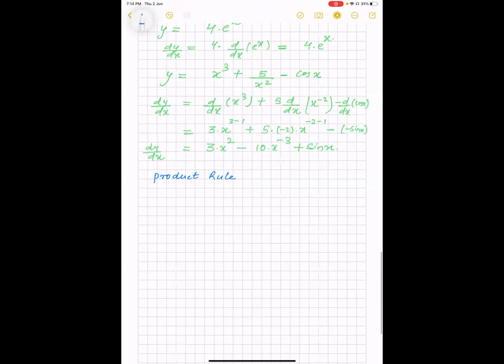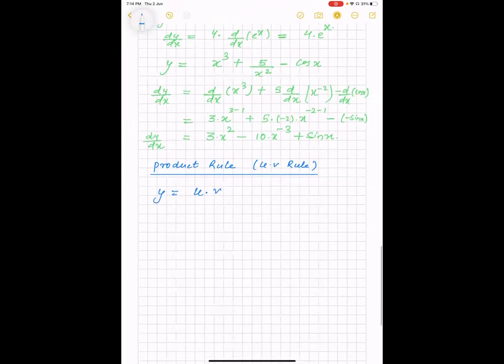Product rule, also known as the U into V rule as well. U and V are the two different functions together. So let's say that we have y equals U times V, where U and V are two different functions.